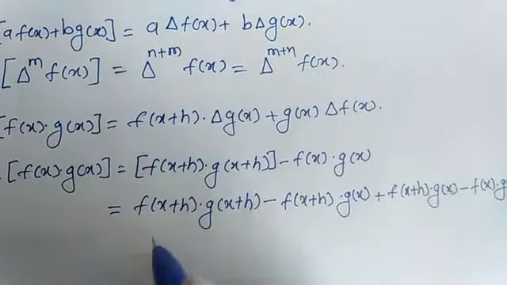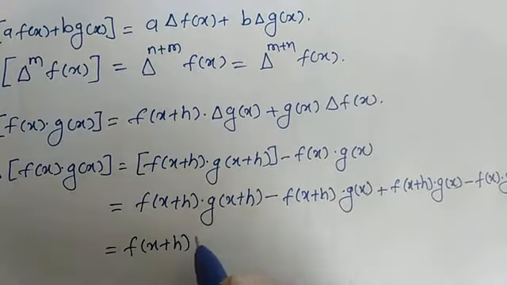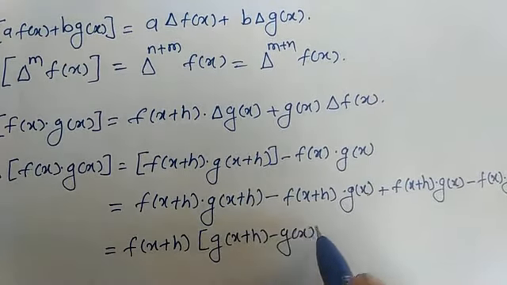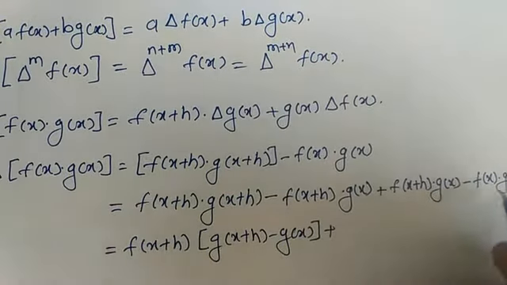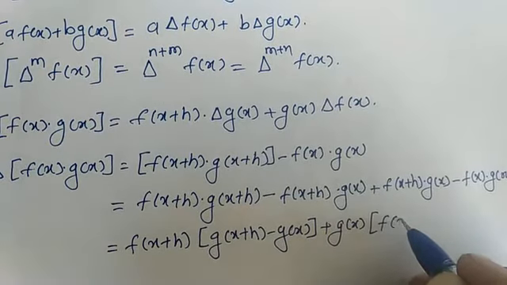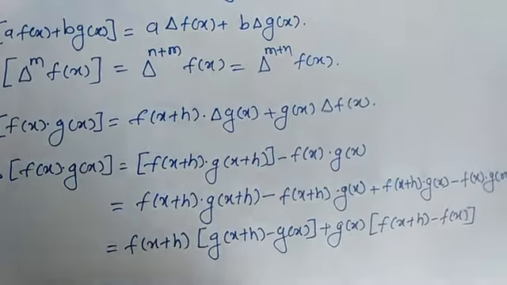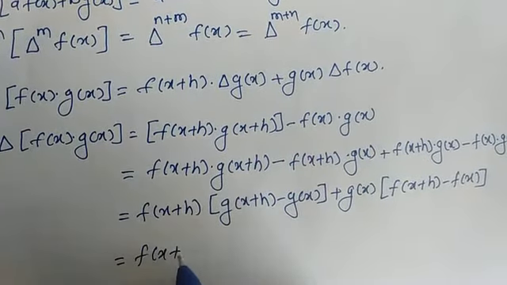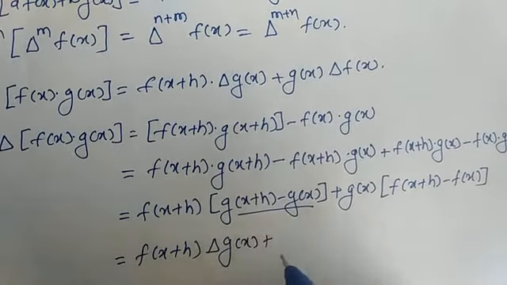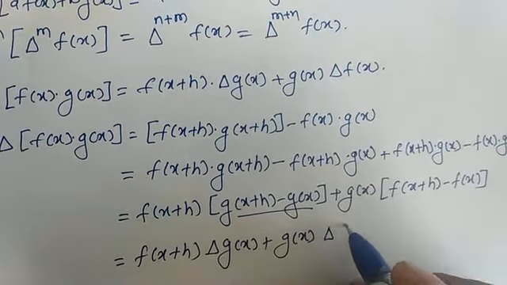From the first two, f(x+h) is a common term, and in the bracket we get g(x+h) minus g(x). Plus, in the second and third, g(x) is a common term, and in the bracket remains f(x+h) minus f(x).